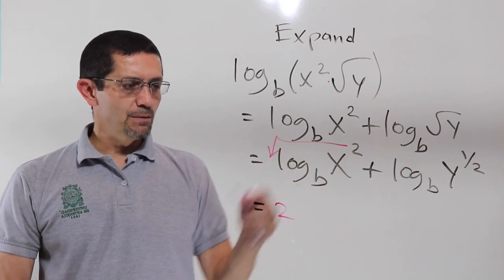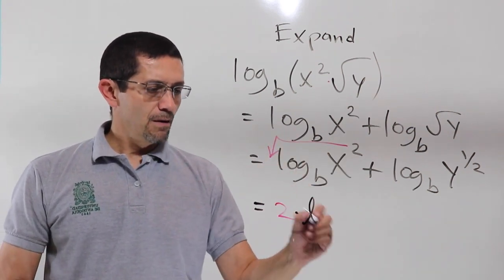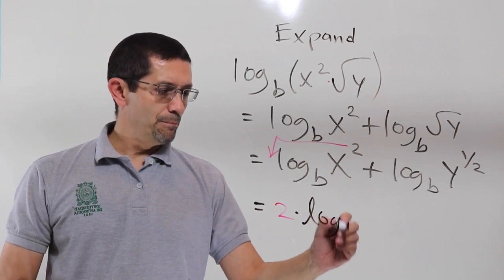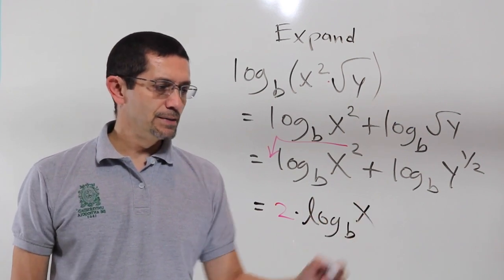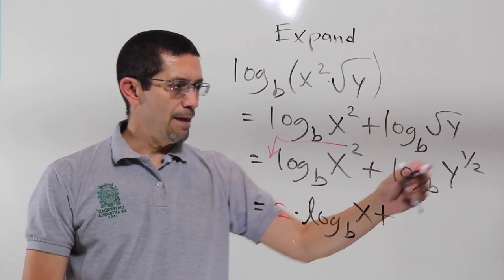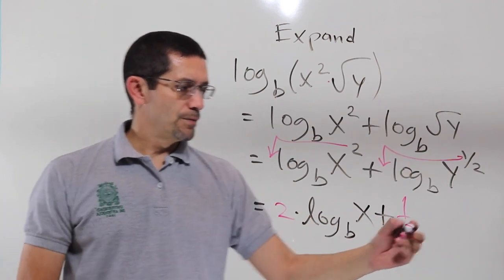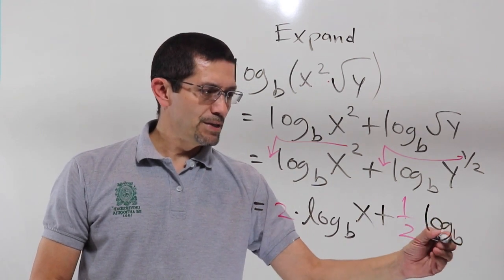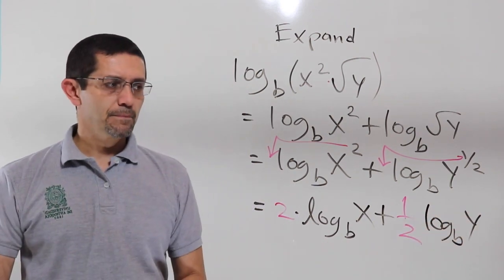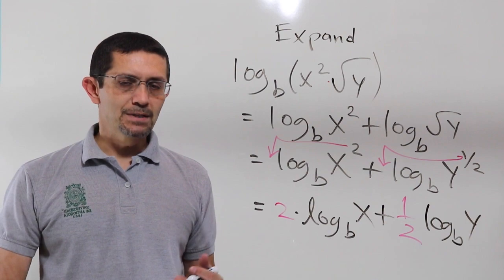Remember, this 2 comes in the beginning, log of base b of x, plus that 1/2 comes in the beginning of log on base b of y. Okay, always the same steps.